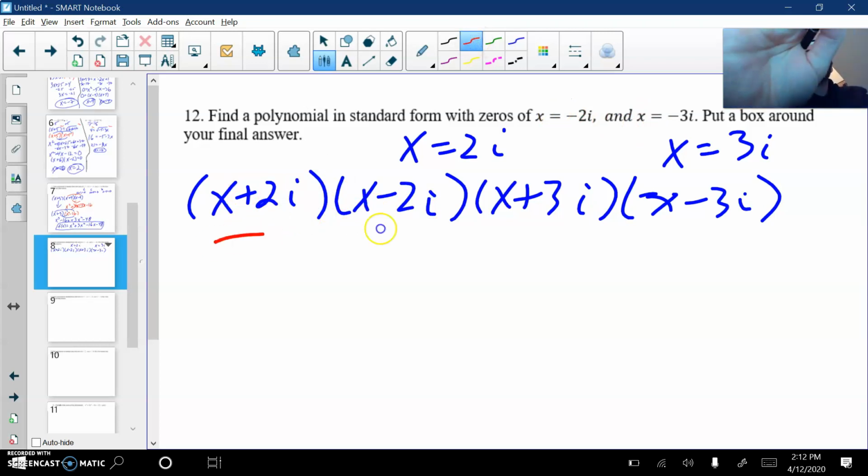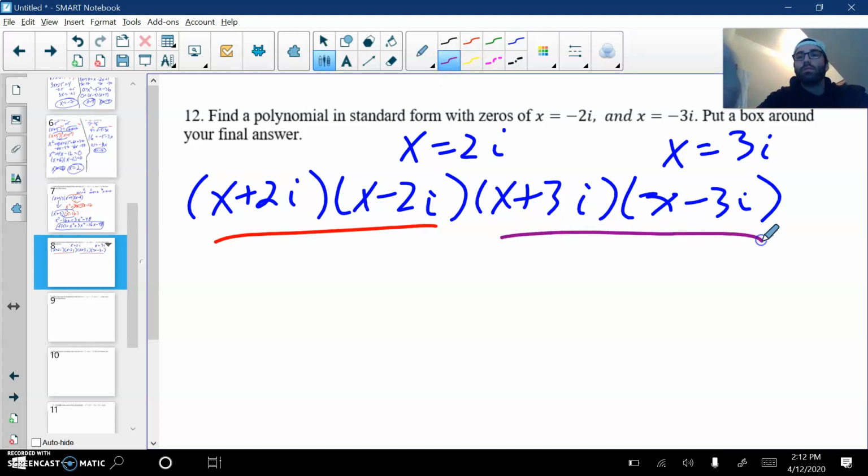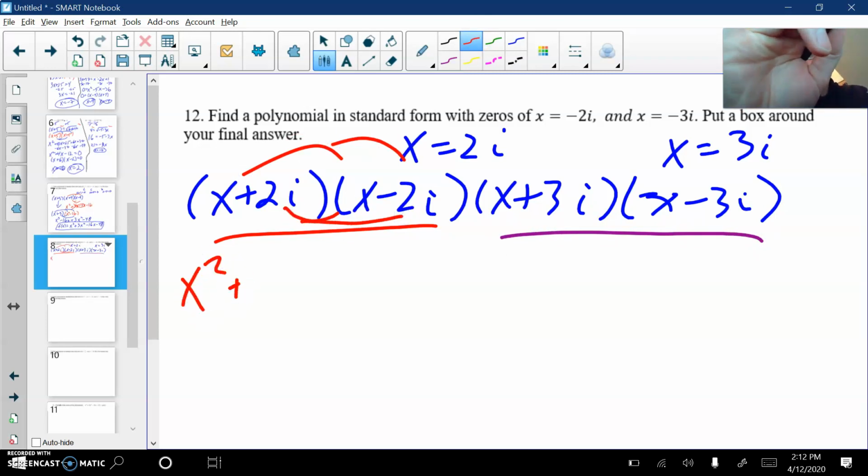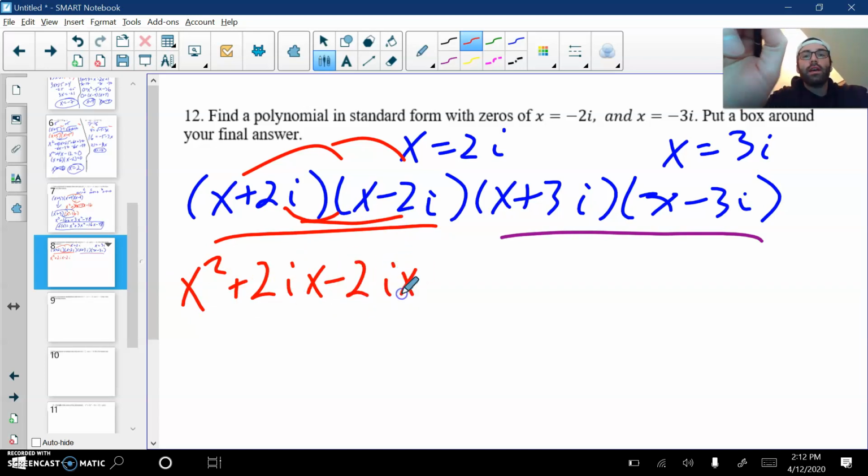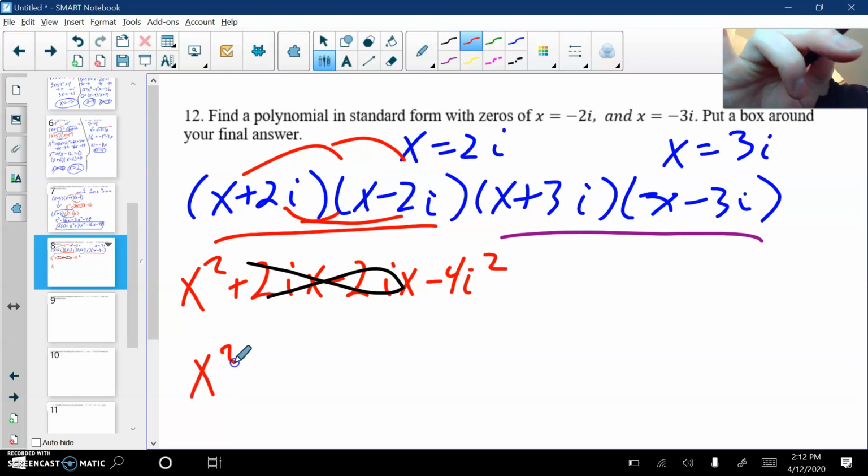So I'm going to choose to FOIL these two together, and I'm going to choose to FOIL those two together. So here, I'll get x squared plus 2i x minus 2i x minus 4i squared. Well, these will cancel, and I'll get x squared minus 4i squared.